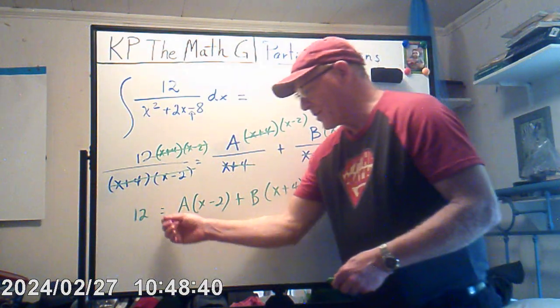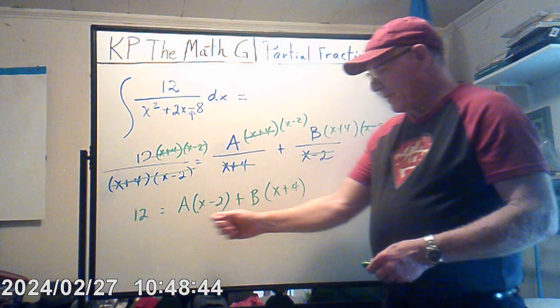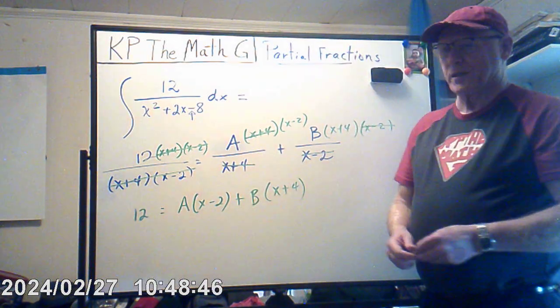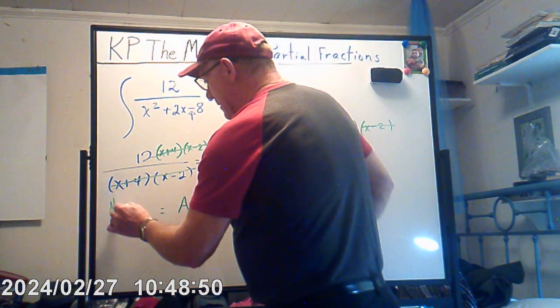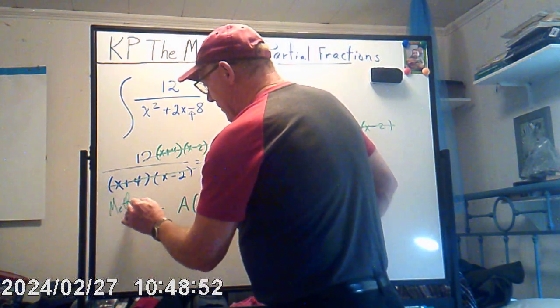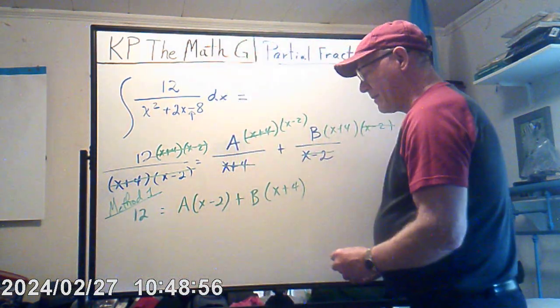But let's do this for the time being. Now, we could multiply this out, but I don't want to at this point. I'm going to show you, this is called method 1.